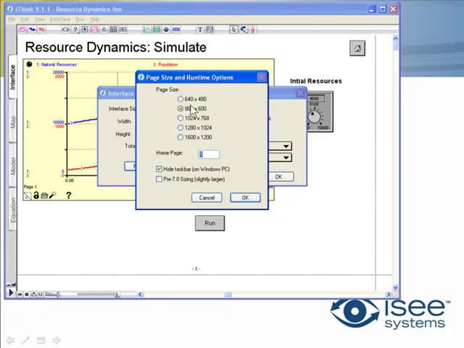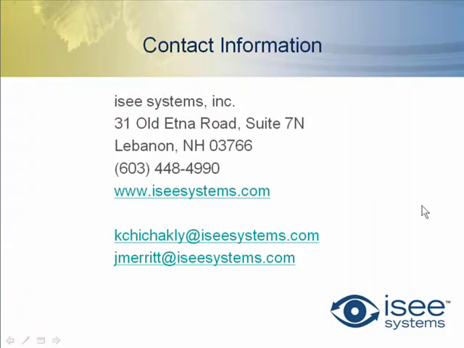You can choose the size of the page, and actually you can define the home page here. And page 1 is the default. I could type in page 2, for example, and then when the NetSim opened up, it would open up to page 2. You still need to define your navigation to move from page to page.